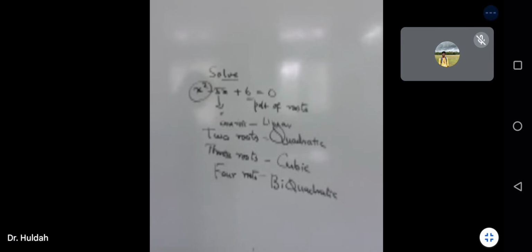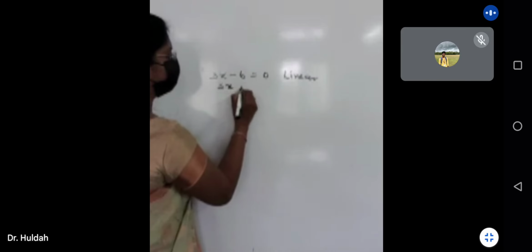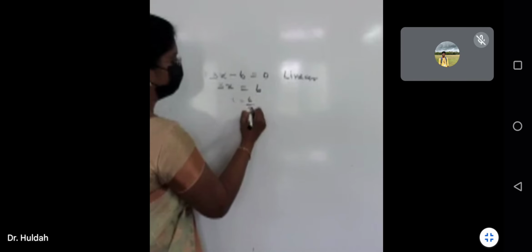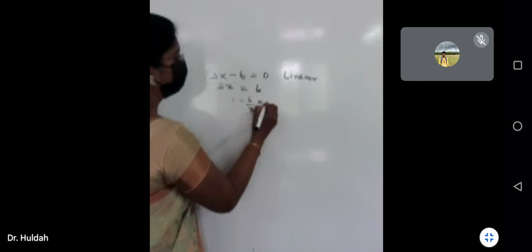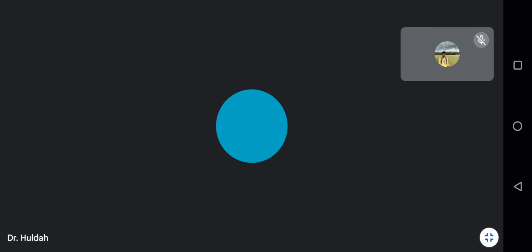Giving this one, see that the power of x is called degree. High power. Here the power is 1, so it's linear. So I can write this as x is equal to the value.